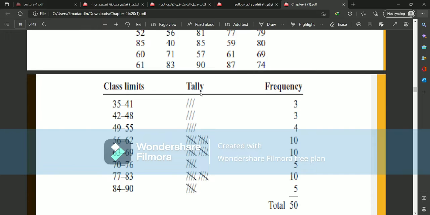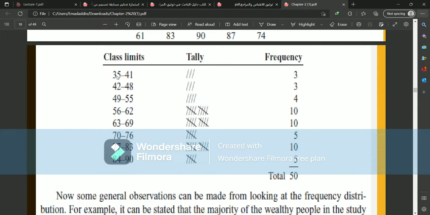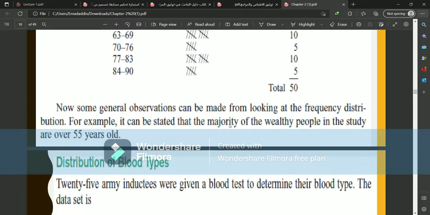Class limits and frequency. These are what we have. We have 35 to 41 and 42 to 48, with three people, and 49 to 55 with four, for a total of 50.